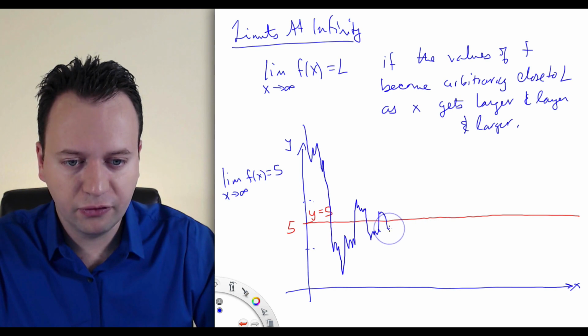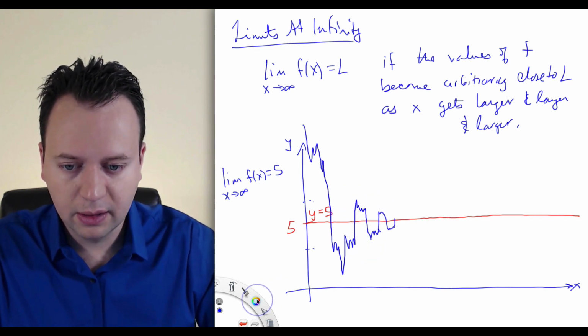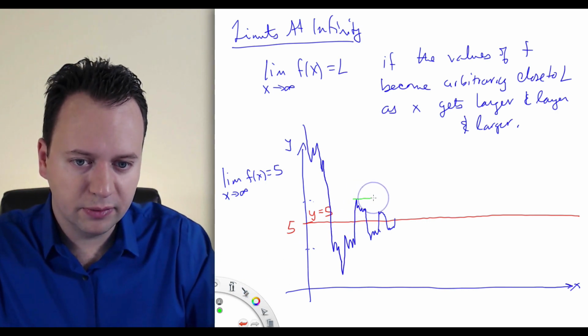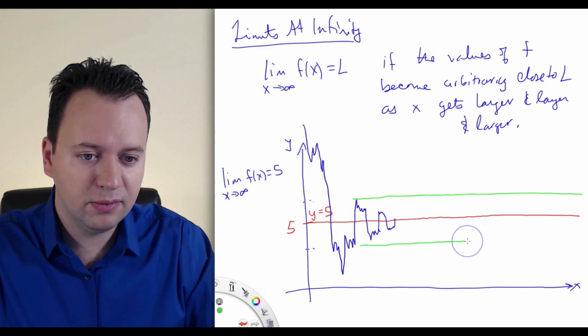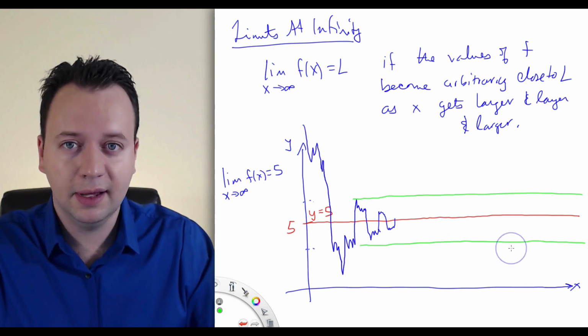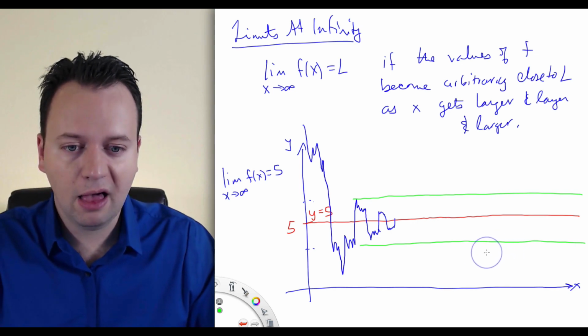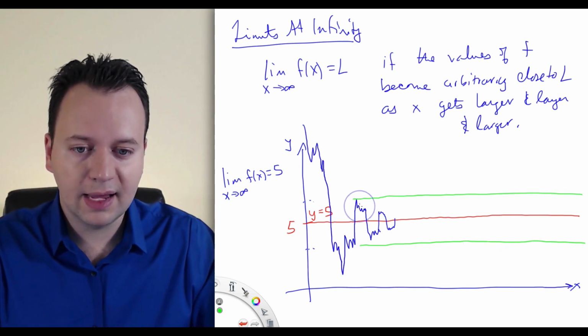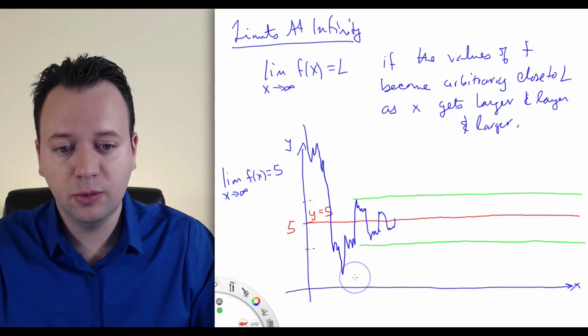You might go back and forth, but you're never going to get farther away than, say, this, right? So at this point, maybe you're in some sort of tube, and it might take billions and billions of x values to get into that tube, but what the limit as x goes to infinity of f of x equal to L means is that for any size tube like this around y equal to 5, eventually you'll enter that tube and you'll never go out.